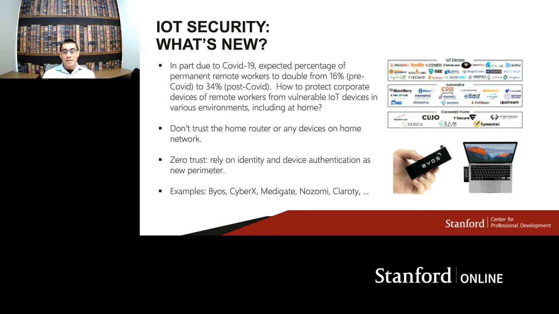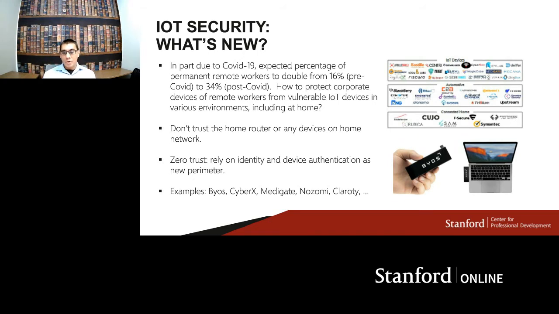So the question is, how can we set up an environment in people's homes where they can work more securely, given the fact that there's threats from these IoT devices, and given the fact that we'd like to have zero trust. So there's solutions like BIOS that have come out recently, where it's a piece of hardware that you stick into your laptop. It basically relies on your home router only for transport. It does not even rely on your home router for DNS, to convert domain names to IP addresses, and basically takes your corporate device and puts it on a microsegment of 1.